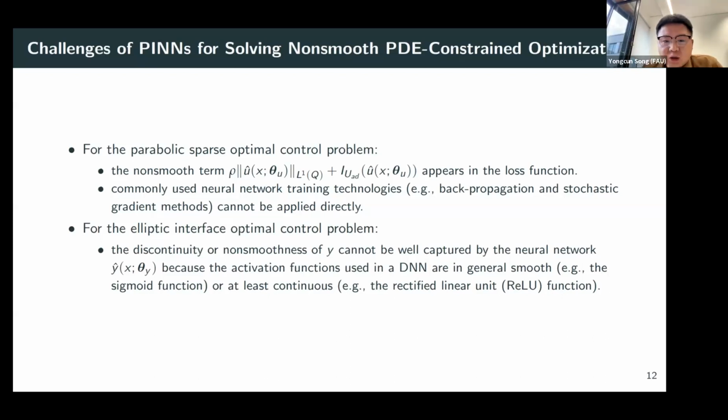So the resulting neural network can approximate continuous functions very well, but for discontinuous functions the approximation is not very good. So in the following discussions, we will talk about how to address these two issues.